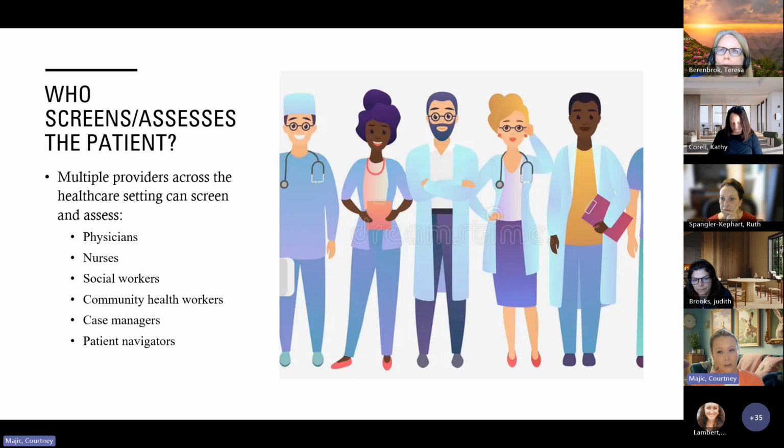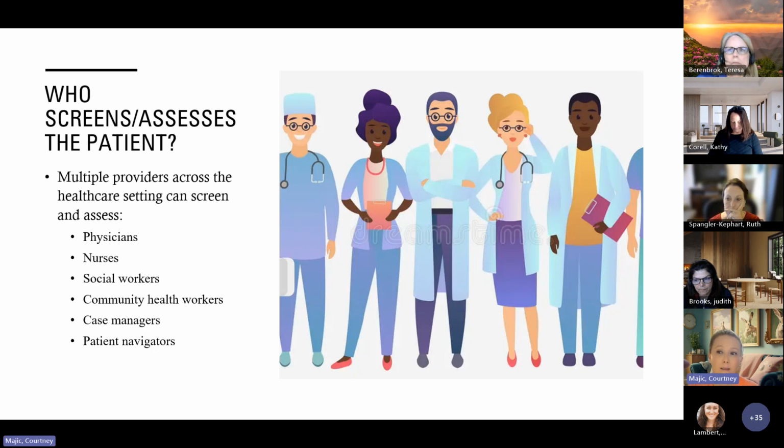All right, so now we're going to talk about who screens and assesses the patient. Multiple providers across the healthcare system or setting can screen and assess patients. This includes providers, social workers, community health workers, case managers, patient navigators, and nurses.